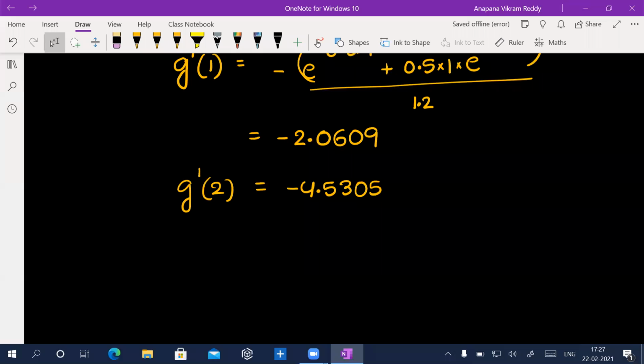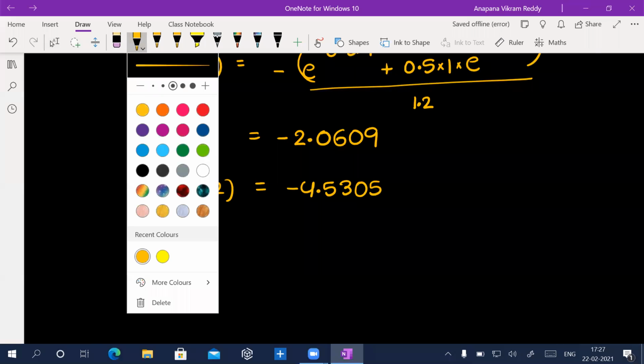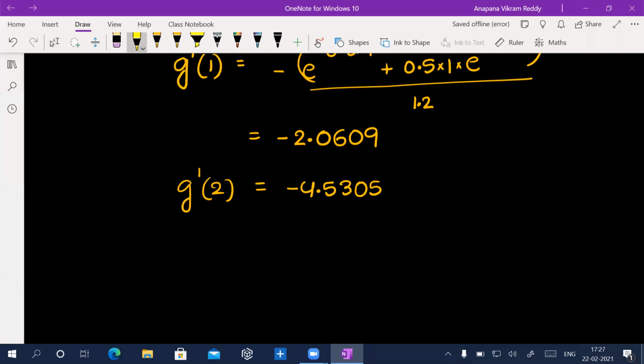Now what do you do? Are g prime 1 and g prime 2 less than 1? Yes, sir. Of course they are less than 1, but we have to take the absolute values. Please don't think like me, think like you smart.